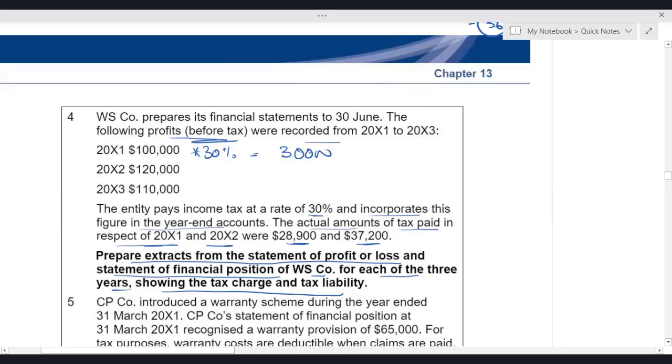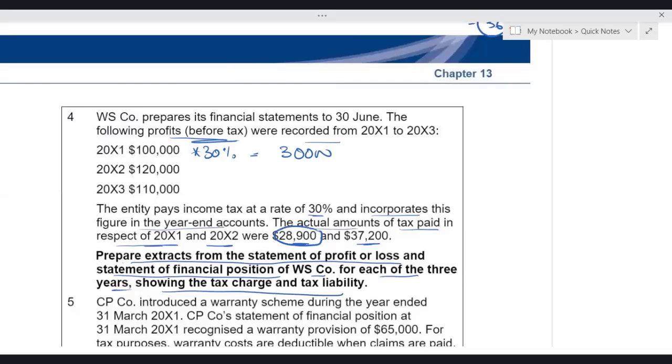In 2000 X1, we have calculated income tax liability, let's say 30,000, but actual payment is not 30,000. Actual payment is only 28,900. Since the actual payment is less than the liability which we have recognized in X1, it means in X1, we have recognized a liability more than actual payment. So this difference is representing the over provision.